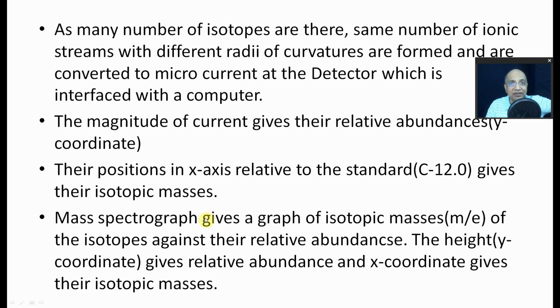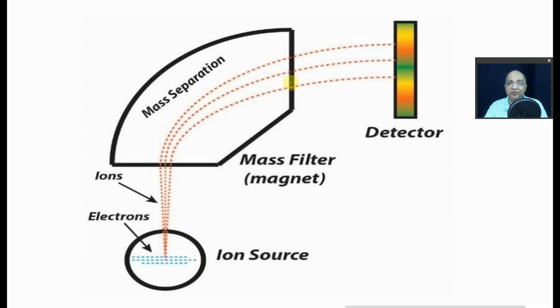And the y-axis, the height of the line, the tall or dwarf line, will tell you the relative abundance. You can measure the height. Nowadays, computational methods have made our work very easy, giving the ratio in percentage, calculating by itself, and also giving the exact atomic mass on the side of the line. Right? I will show you a graph, a mass spectrograph here.